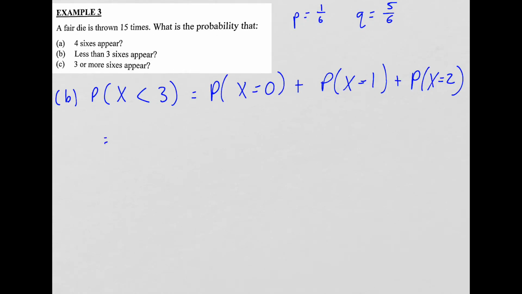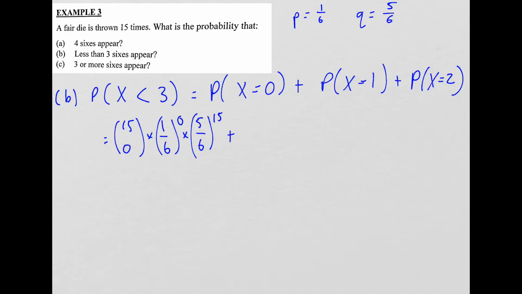So for the probability of x equaling 0, we know that there are going to be 15 trials choose 0. Remember, we're not looking at the dice rolling a 0. I just thought I'd need to emphasize this now. But we're looking at 0 6s occurring. So that means that's then 1 over 6 to the power of 0, because 0 6s are occurring, but 5 over 6 to the power of 15, because all 15 trials then are not a 6.